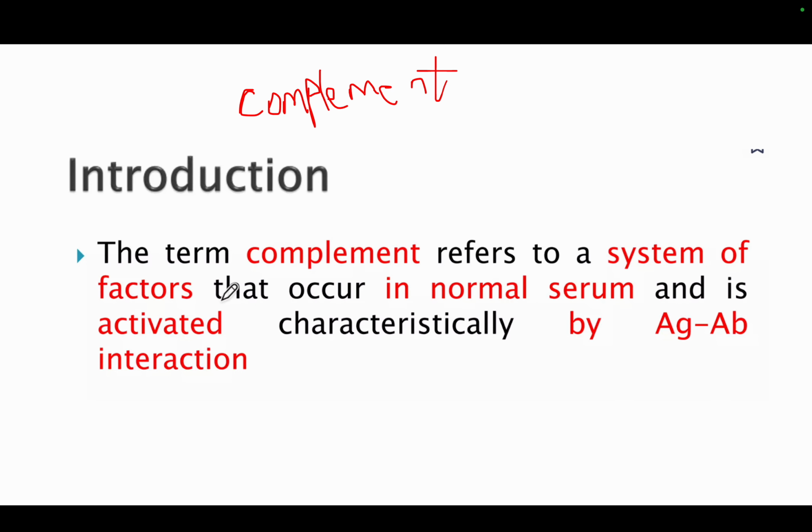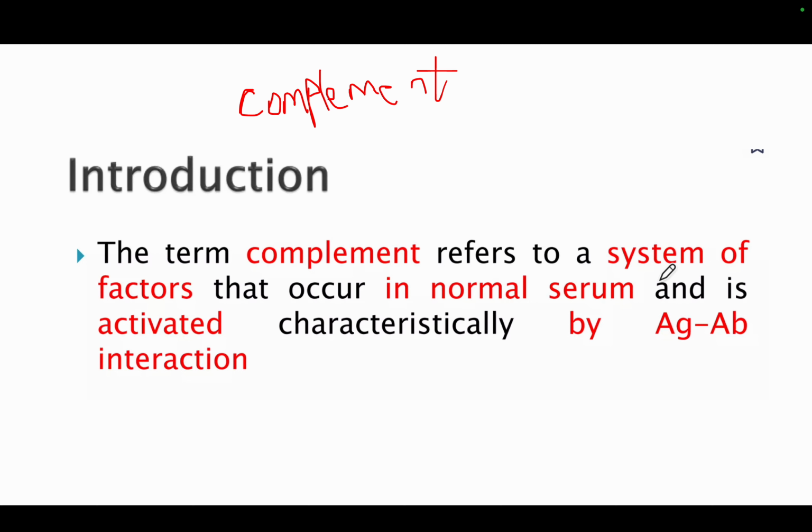We'll start with the complement system. The term complement refers to a system of factors that occur in normal serum and is activated characteristically by antigen antibody interaction. So you need to understand that the term complement refers to a system of factors.